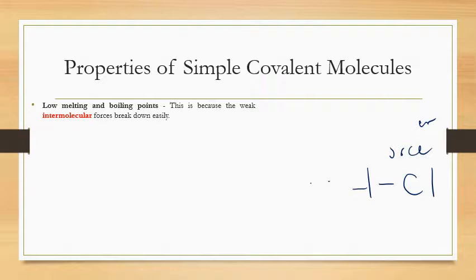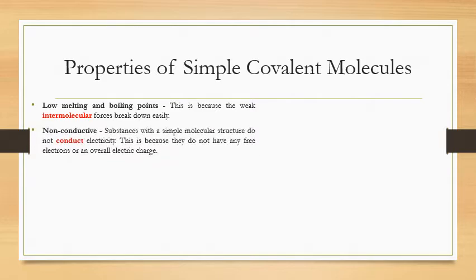So this actually gives some of the properties of simple covalent molecules. They are also non-conductive. They don't conduct because they have no free electrons, or the charges are unable to move, as opposed to ionic bonding, where if you dissolved or melted an ionic salt, it would be able to conduct because the charges could move.